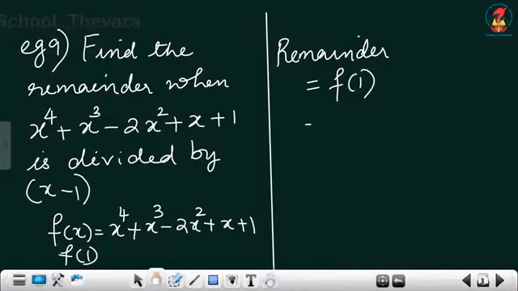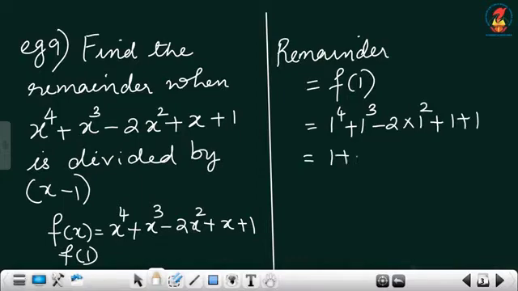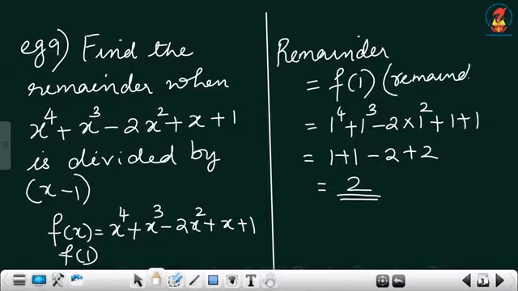So, it is equal to 1 raised to 4 plus 1 cube minus 2 into 1 square plus 1 plus 1. So, it is 1 plus 1 minus 2 plus 1 plus 1, and the answer is 2 using the remainder theorem. You have to mention that. So, here the remainder is 2.